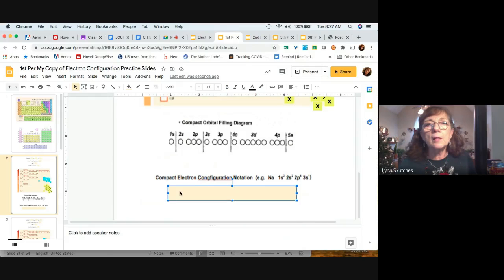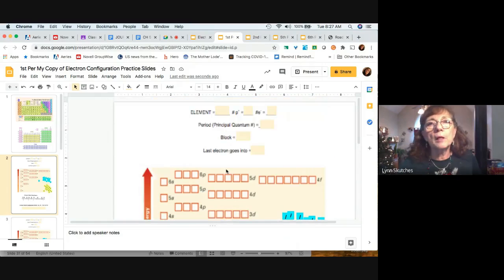And then this last part is where you would type in the notation. So remember to do superscripts or exponents. On your Chromebooks, I think control period will make you go up to a smaller exponent, but you have to hit control period again to get back to normal font, okay?